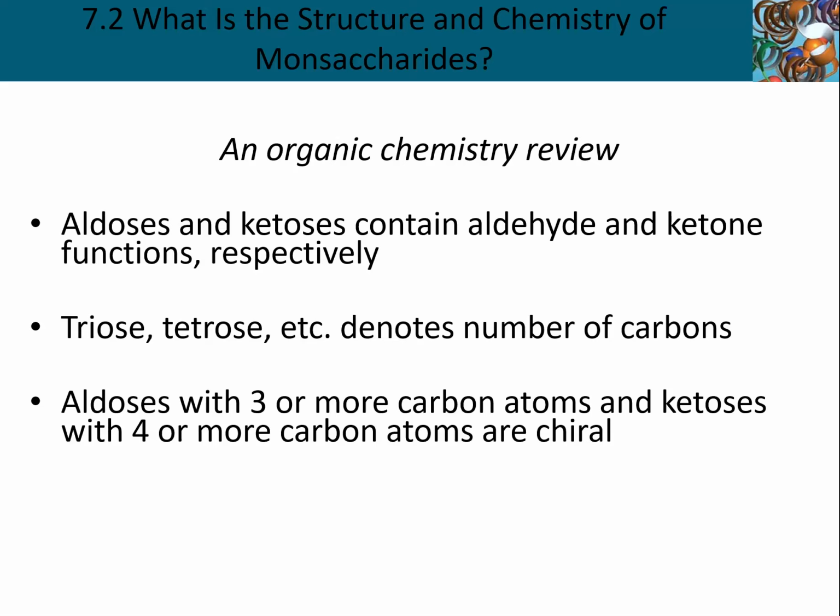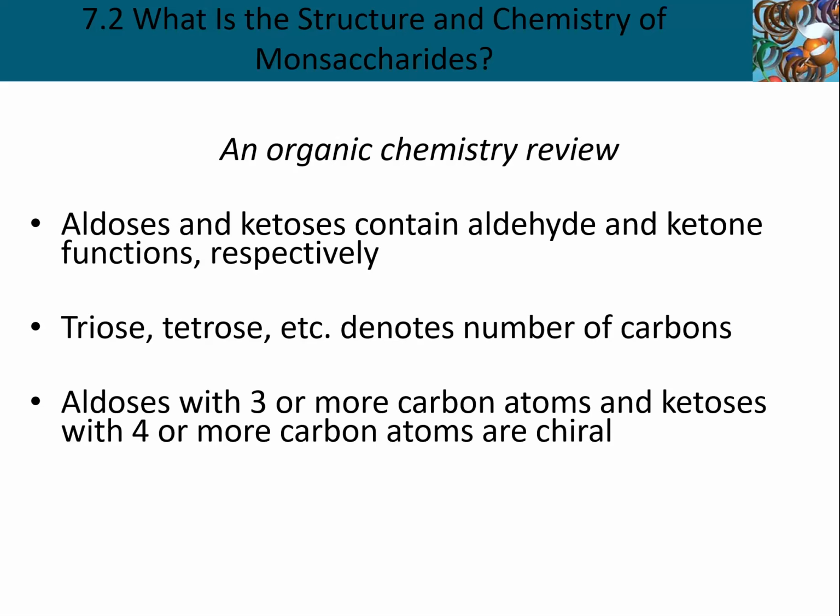So let's do a quick review. Everyone here's had organic chemistry, which is great, and hopefully everyone remembers what an aldehyde and a ketone are. The two general classes of carbohydrates, monomeric carbohydrates, are aldoses and ketoses. And aldoses are aldehyde-containing carbohydrates, whereas ketoses are ketone-containing carbohydrates.